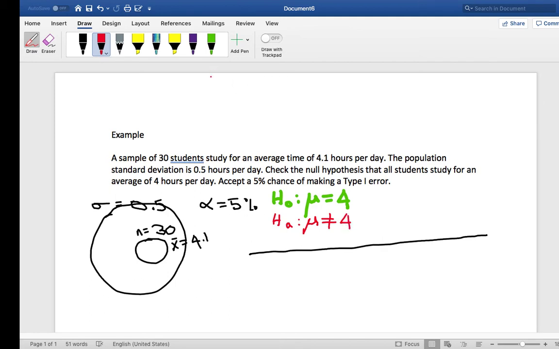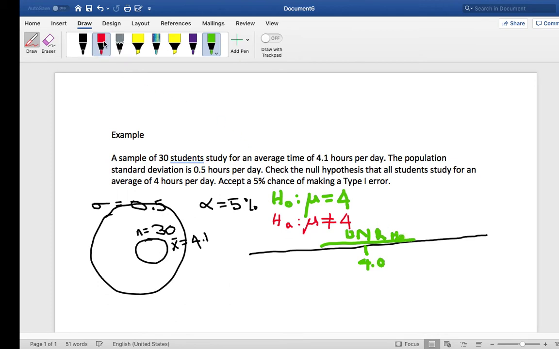So we're going to come up with our regions for reject and do not reject. Our do not reject region is going to be somewhere in here, centered at 4. If students study for close to 4 hours a day, it's agreeing with the null hypothesis, so in that case we're going to say do not reject our null hypothesis H0.